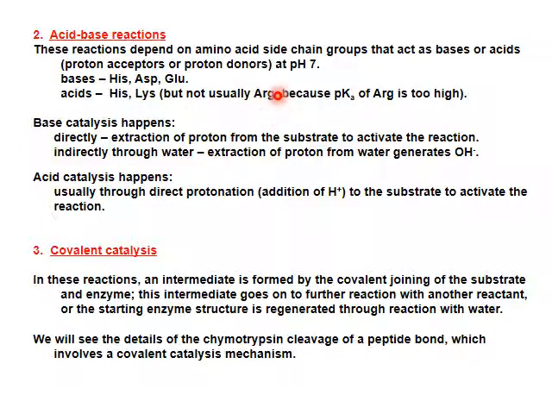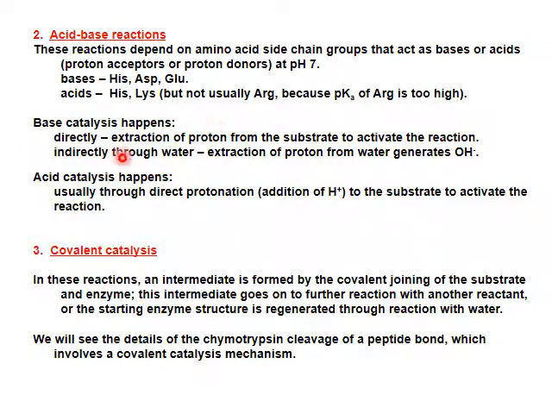Arginine, not so much, because its pKa is very high, plus its charge is delocalized too. That's why the pKa is so high, and it's tough to deprotonate that one. So we'll just think of histidine and lysine as groups that could provide a proton if needed. But if glutamic acid is protonated, it can give up a proton too and be an acid as well. So it just depends on the mechanism, right?